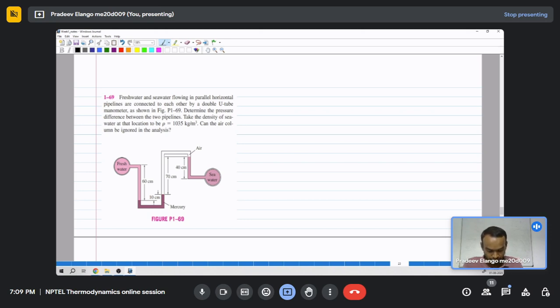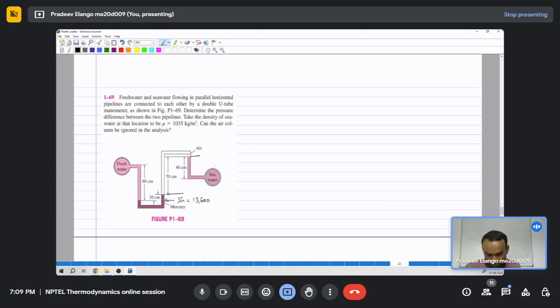The air column can be ignored because the pressure difference between these points, like this and this, you can assume to be the same, because here we are talking about the pressures of this specific gravity of 13,600.